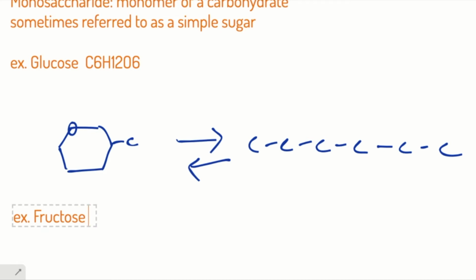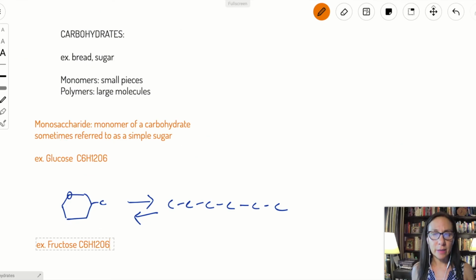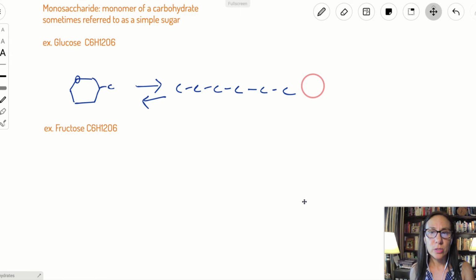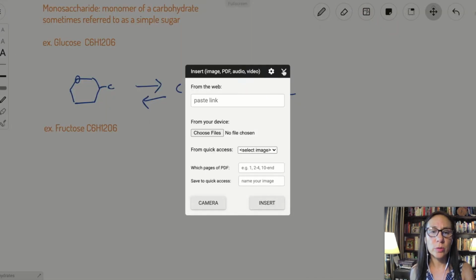And fructose has the exact same chemical formula. It has 6 carbons, 12 hydrogens, and 6 oxygens. So it has the same amount of the atoms, but the configuration of the atoms is a little bit different. So I'm going to show you a picture of glucose and fructose side by side so you can see the differences.